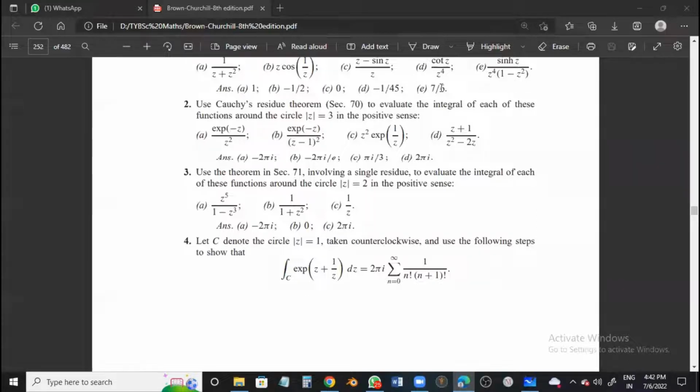Where it fails to be analytic. Which point? Where the function is not analytic. See, at a glance, if you see the denominator, you tell us what the point is.